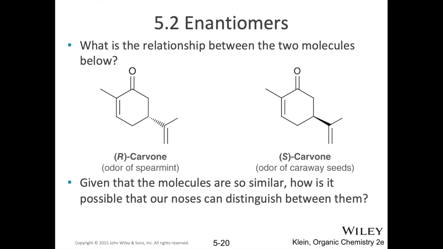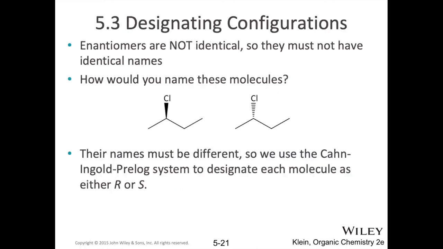Here is the molecule carvone. So one enantiomer here smells like spearmint, the other one smells of caraway seeds, even though they are otherwise identical molecules. It's just that flipping of that one chiral center that causes this molecule to smell differently.